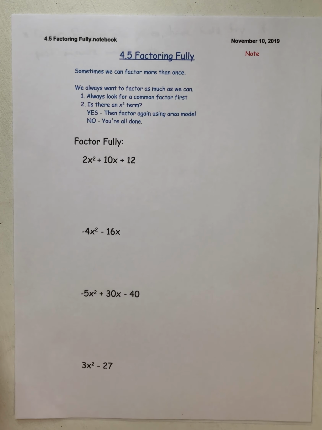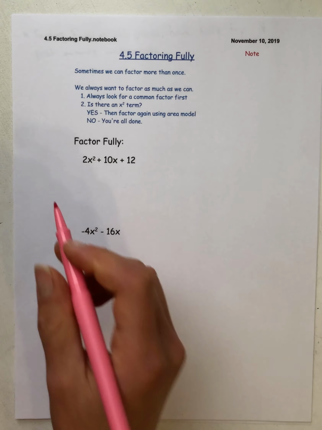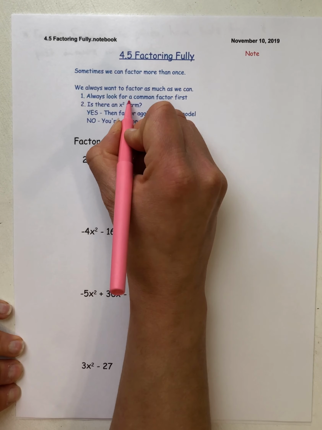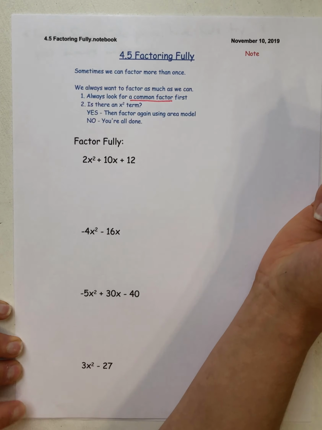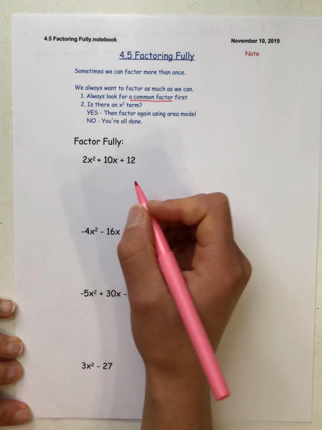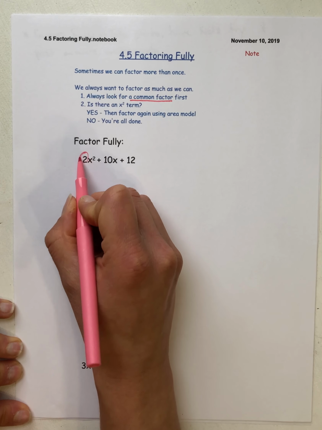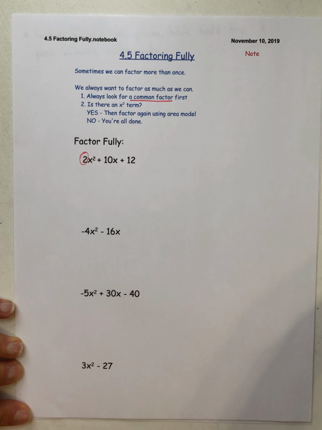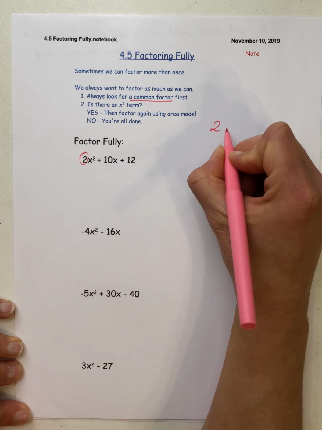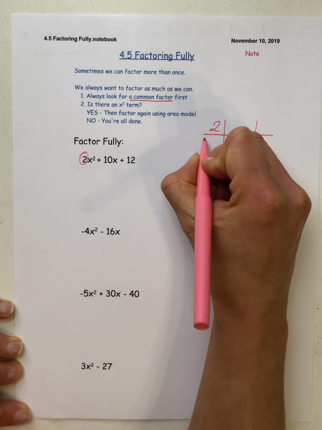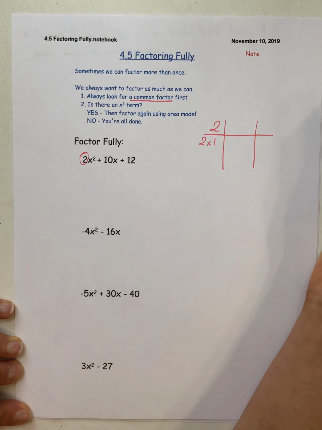So let's go practice some. So we want to take a look first. Very, very first thing we do is there a greatest common factor? I always assume that there's a greatest common factor if there's a number in front of our x squared. Okay, so let's find out. So let's find the multiples of 2. What can I multiply together to give me 2? I can do 2 times 1.